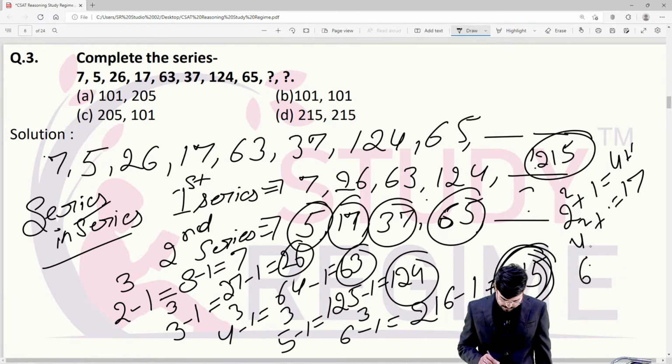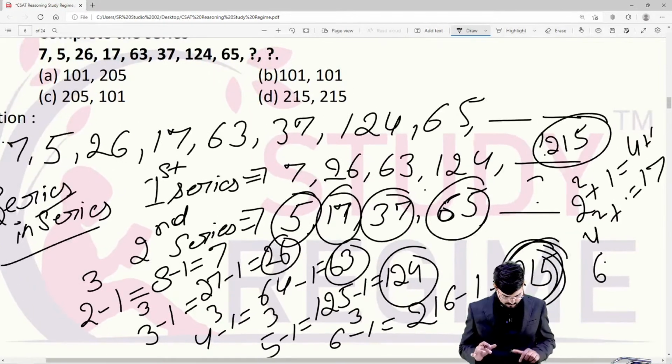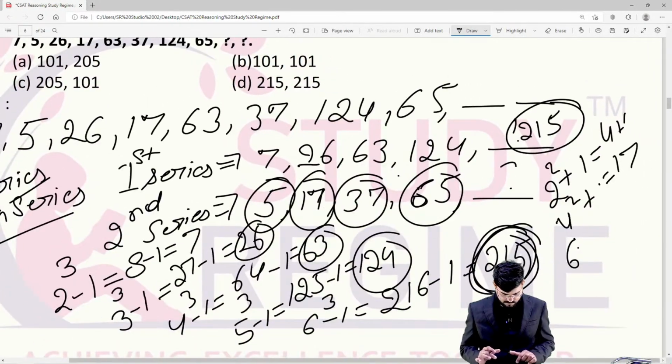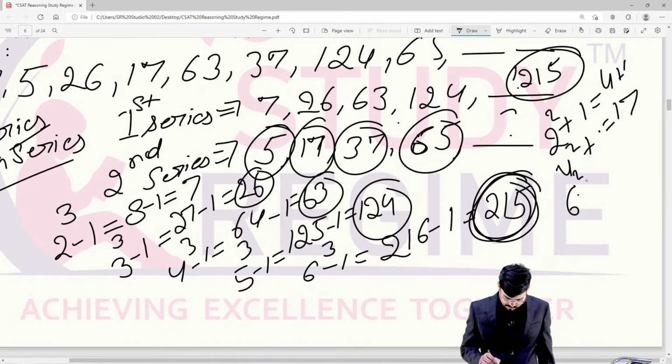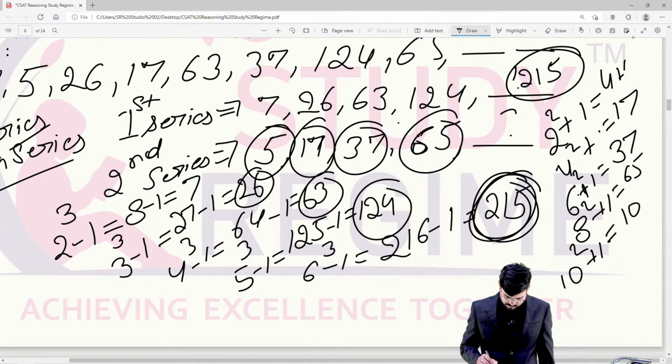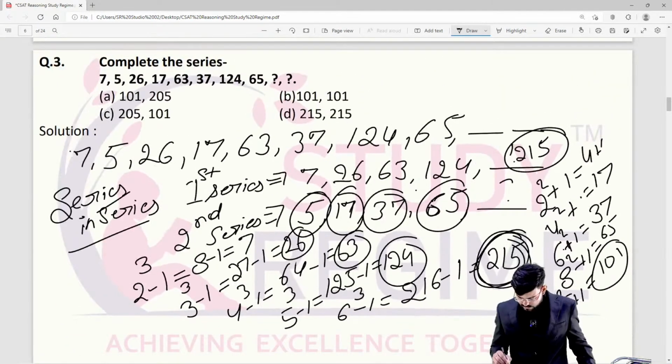Next one is 6 square plus 1, that is equal to 37. The other one is 8 square plus 1, that will become 65. Likewise, you will get 10 square plus 1. The answer will be 101. What is your answer? Your answer will be 101.